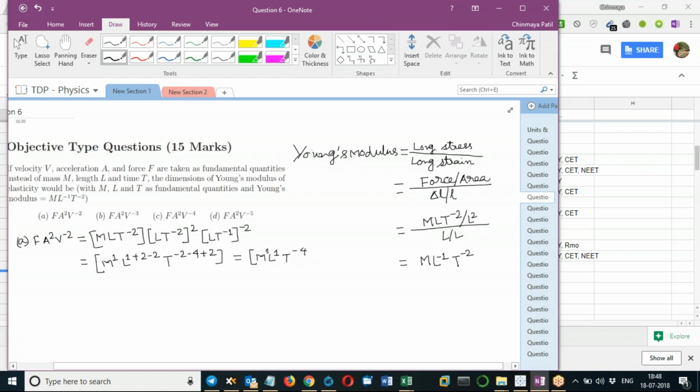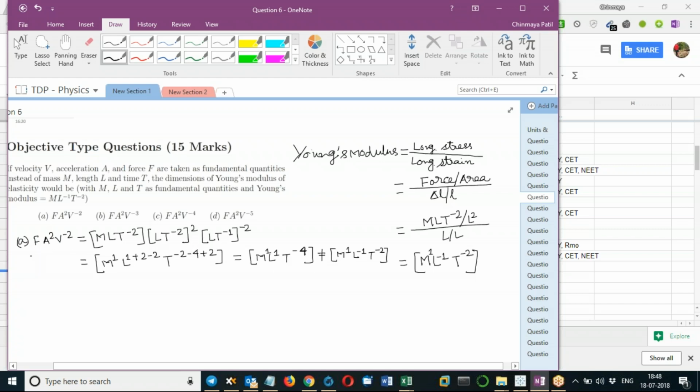This is not equal to the Young modulus we have derived, M L power minus 1 T power minus 2. Hence option A is not correct.